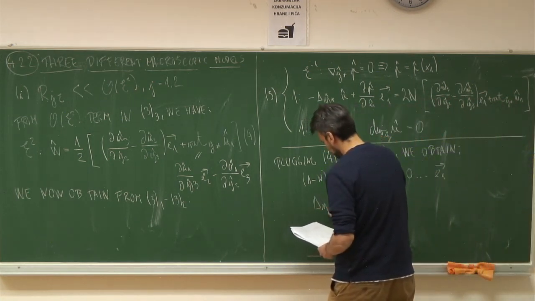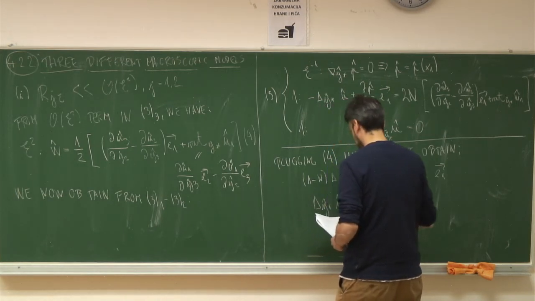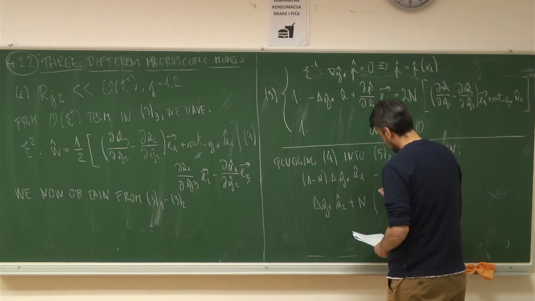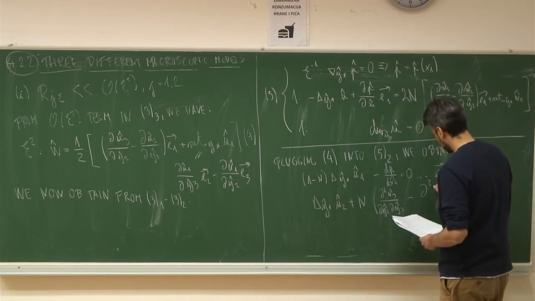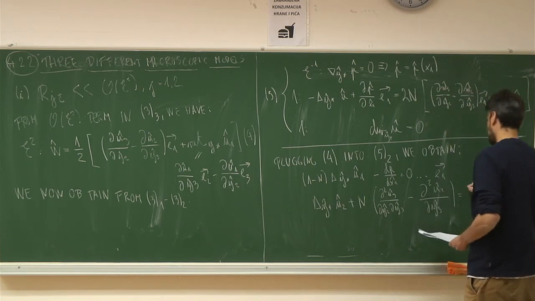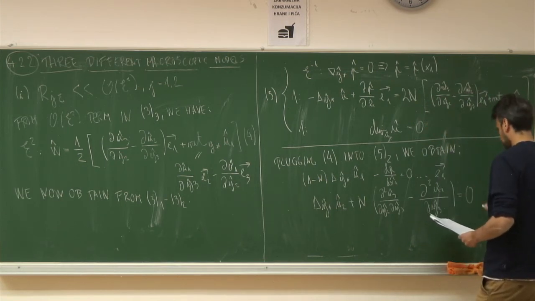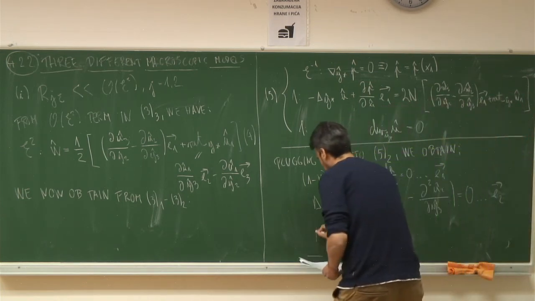Then you have Laplace y kappa u2 kappa plus n d squared u3 kappa over dy2 kappa dy3 minus the second derivative of u2 kappa dy3 kappa. So this is 0, the second component, and very similar in the third component. Let's write it down.